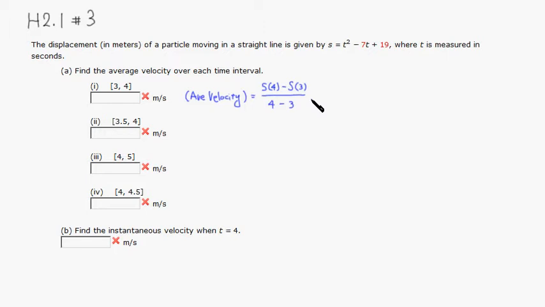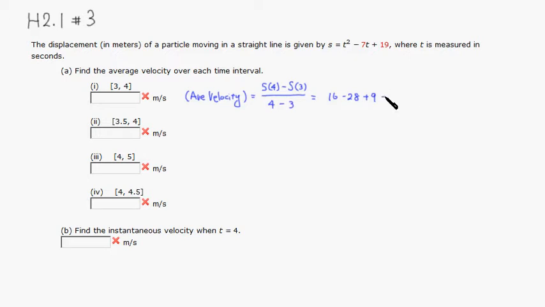Then we just plug in. The bottom is 1, so I'm not going to write that down anymore. For s of 4, you plug in 4, so 4 squared is 16, and negative 7 times 4 is negative 28, plus 19. So that's s of 4.